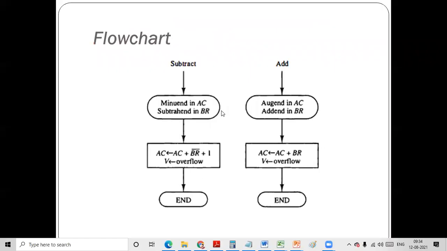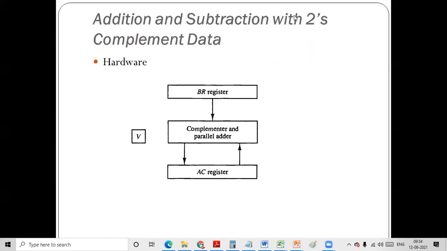We have done an example for addition, and I want to explain an example for subtraction also. Let us take the same numbers, minus 10 and plus 3, and perform subtraction.